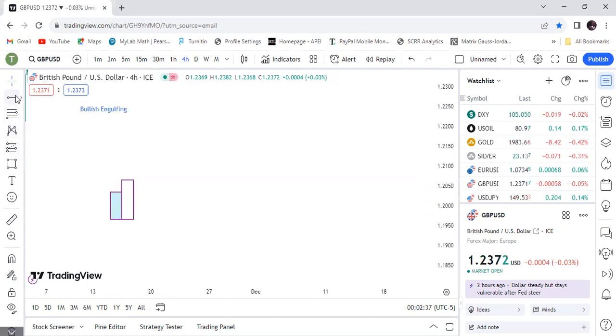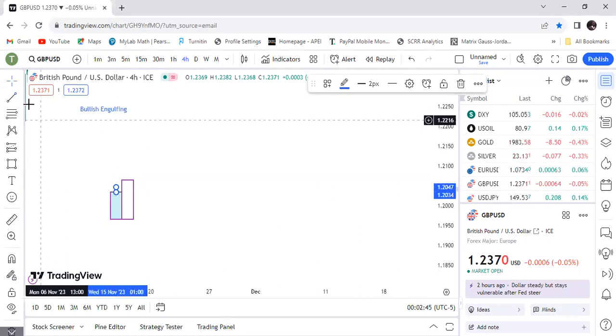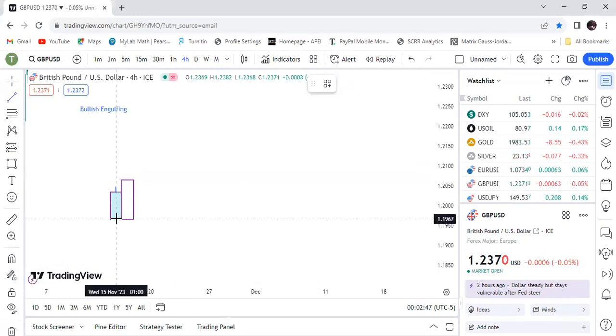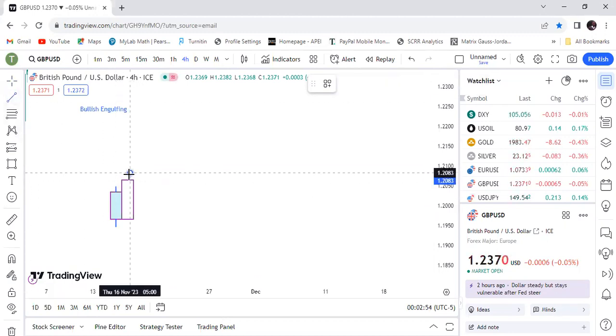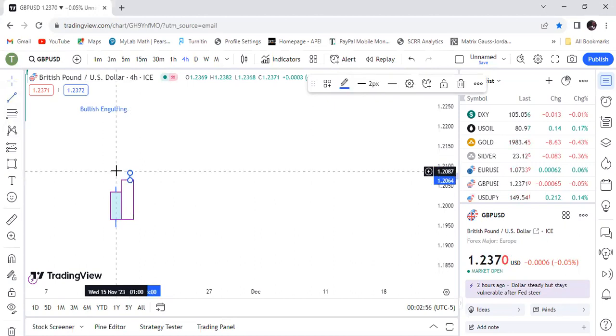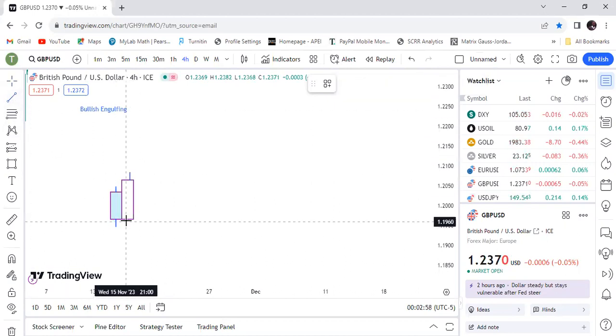That is the pattern, and that's how it should form. If it forms in another way, then this is not a bullish engulfing.